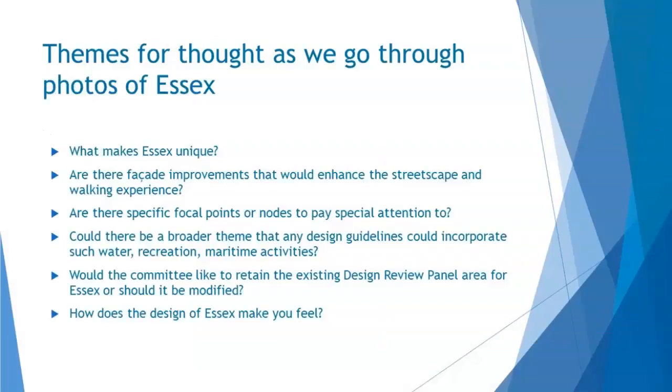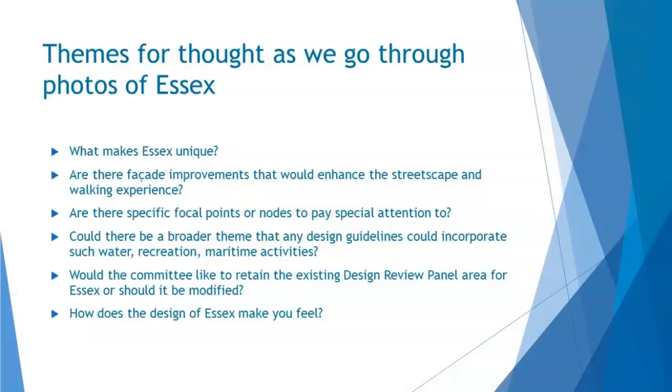All right. In the last meeting, we briefly went over themes, and I think it would be good for us to consult these themes as we go through the pictures. What makes Essex unique? Are there facade improvements that would enhance the streetscape and walking experience? Are there specific focal points or nodes that we may want to pay specific attention to?